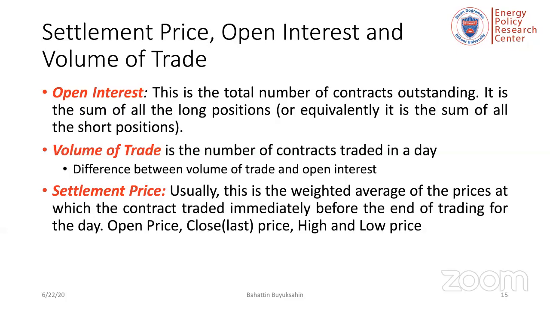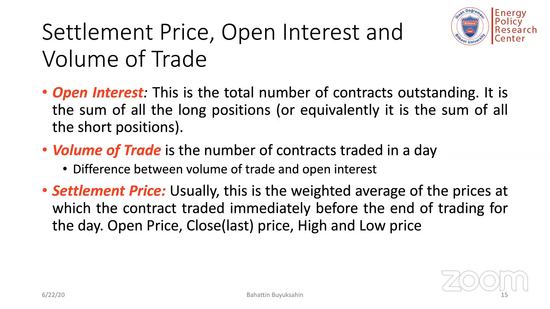Therefore, open interest can be calculated as the sum of all long positions, or equivalently as the sum of all short positions. Open interest will increase by one contract if both parties to the trade are initiating a new position, one new buyer and one new seller in this case.